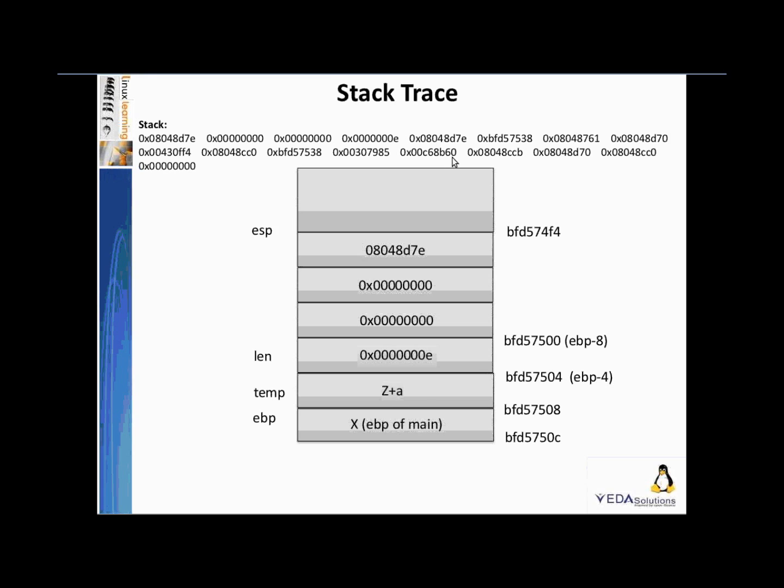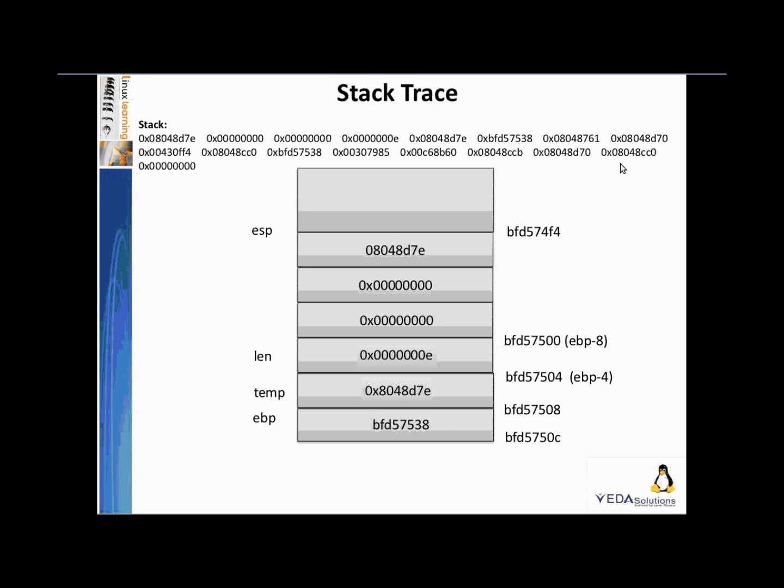It means temp was holding the address 8048D7E. And then the next value here was BFF57538. It means the EBP of the caller function was this particular value, BFF57538. This is where the stack frame of our function ends.